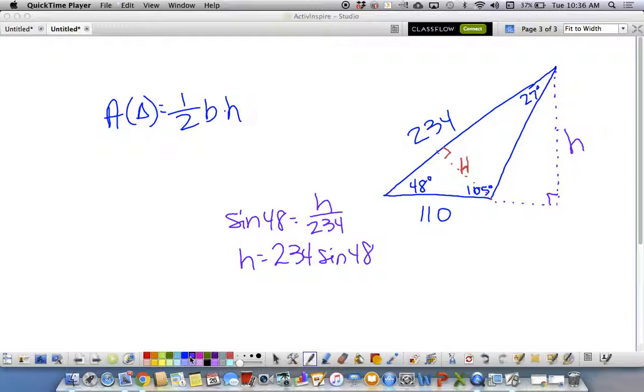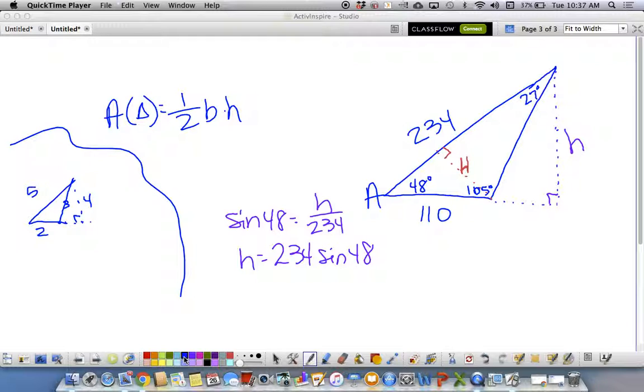Do I need letters? I need letters, A, B, and C, don't I? How is your base 110 if you had to expand it to get your height? When you had a triangle, go back to 7th grade. When you were given a triangle, here's my thought bubble. You had a triangle, and you had a dotted line, and this is 4, 2, 5, 3.